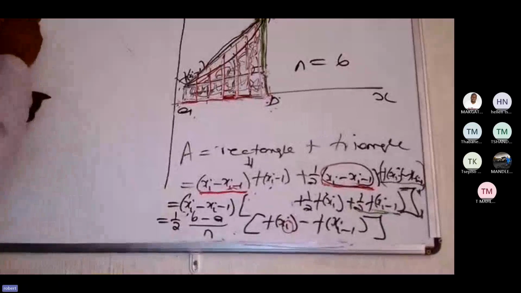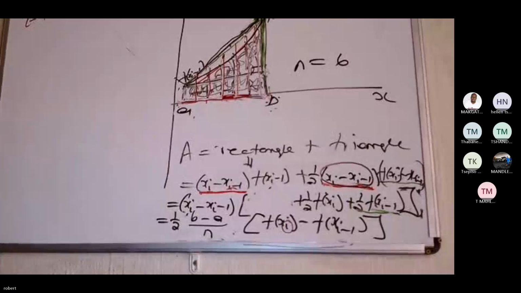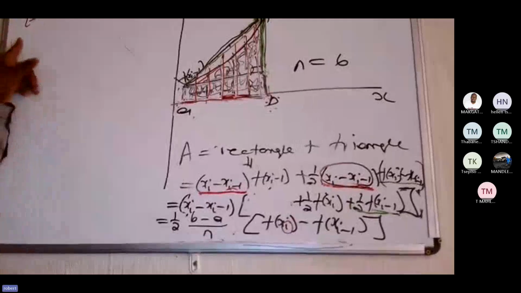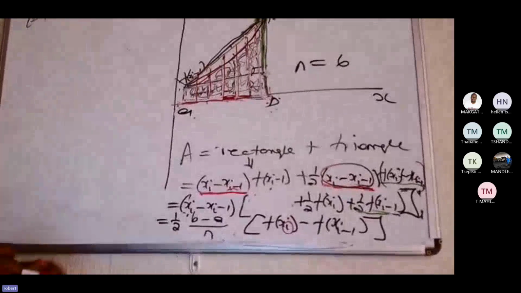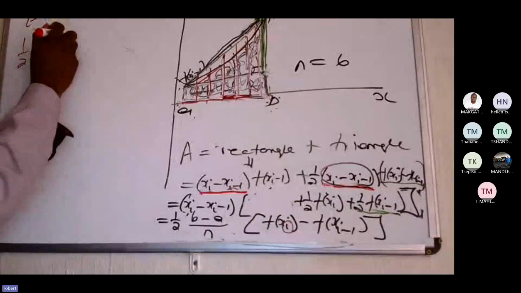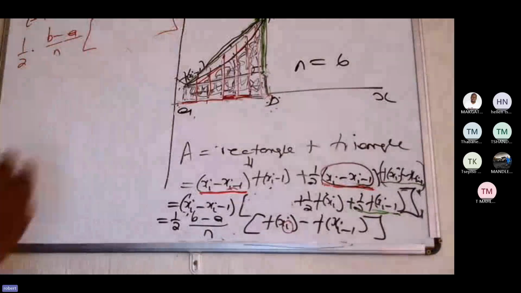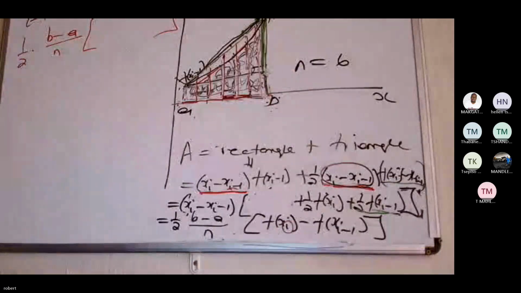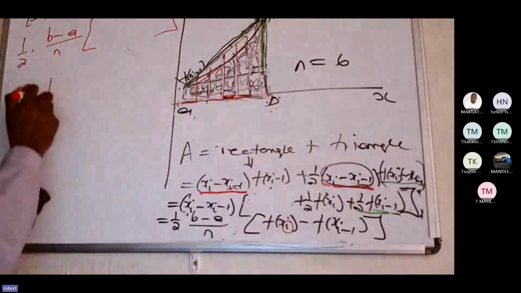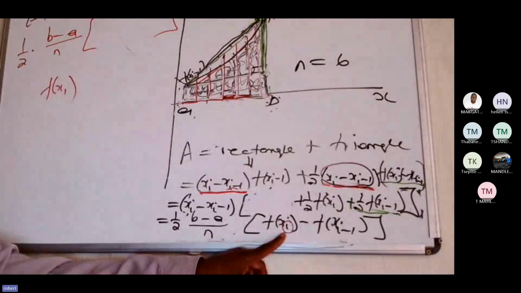Therefore, you can only start by replacing i by 1, not by a negative number, not by 0. So if i is 1, then this formula becomes half of B minus A over n in brackets, and this is going to be f of x_1.